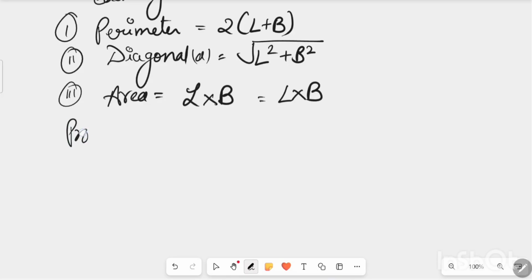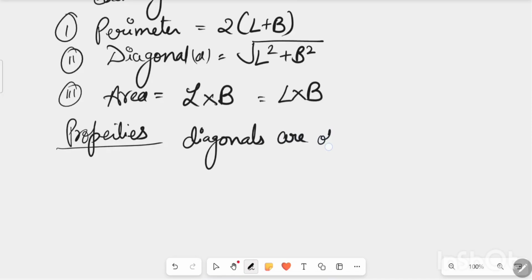Now properties. Diagonals of a rectangle are of equal length and bisect each other.